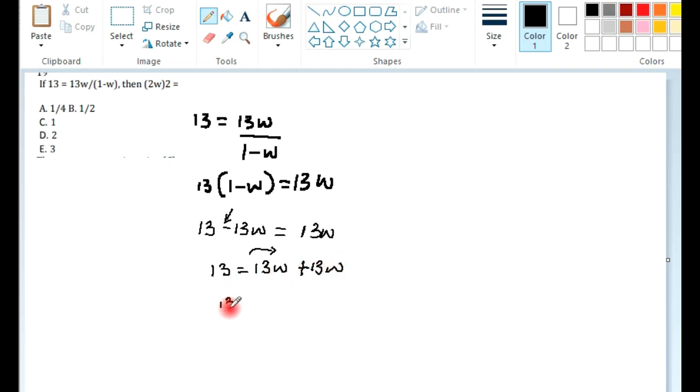So we have 13W is equal to, you can add them together, this should be 26W. So you can now divide both sides by 13. So 13 here by 26 rather, right? I should divide by 26, not 13. So here should be 26 because I want to get the value of W.